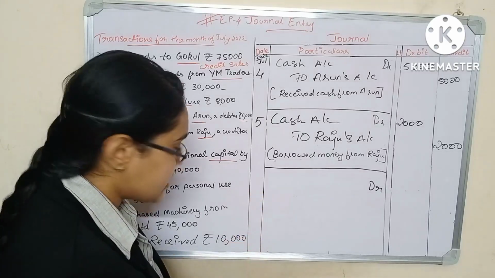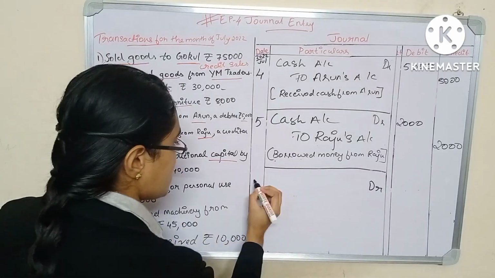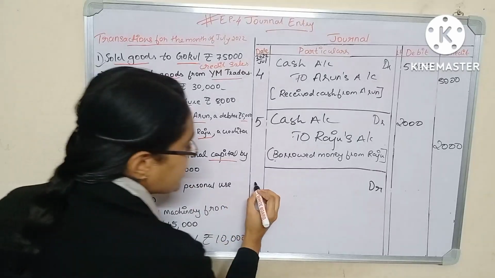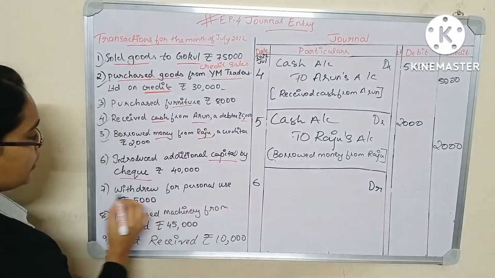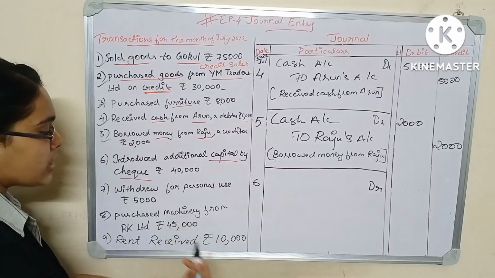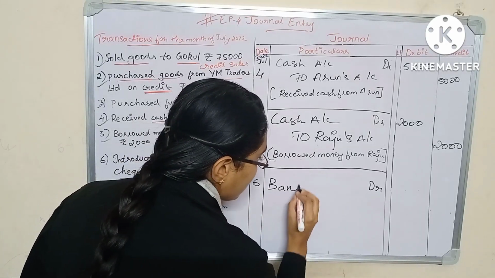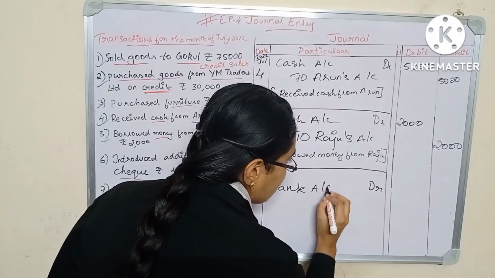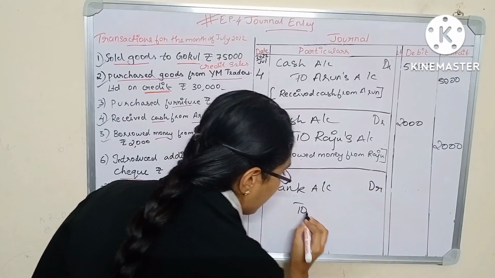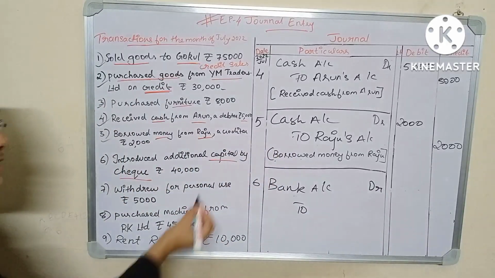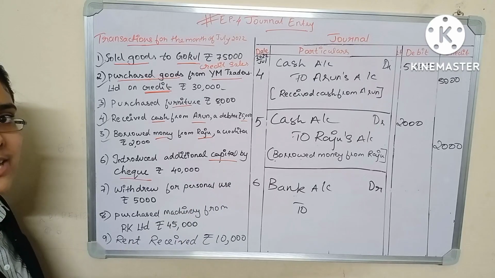So you will write bank. So you can write it as the sixth one. Six is the date. So I'll write 6 here. Then you can write bank. Instead of cash, you're bringing in a check. So you can write bank account. Bank account debit. Second, which is the account to be credited? Capital. Capital is a liability. It is increasing.